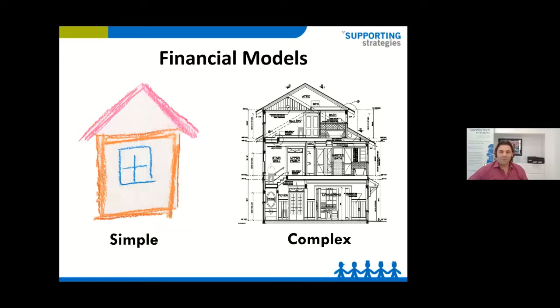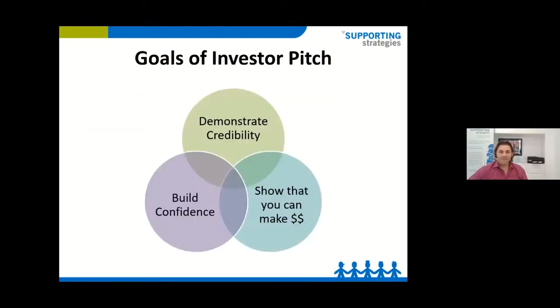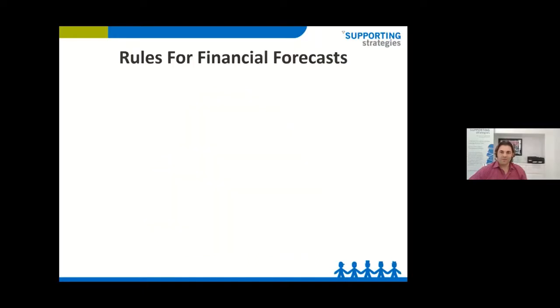So the goal of your investor pitch is to address these three things: to demonstrate credibility to the investors, to build their confidence in you, and to show them that you can make money for the business and for them in return. Your financial model needs to address those three things to help you communicate that vision and value, and to show that you can be trusted and counted on to be successful in running the business.